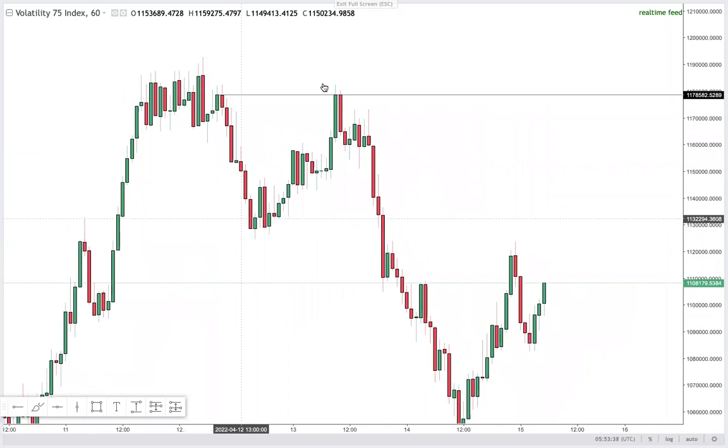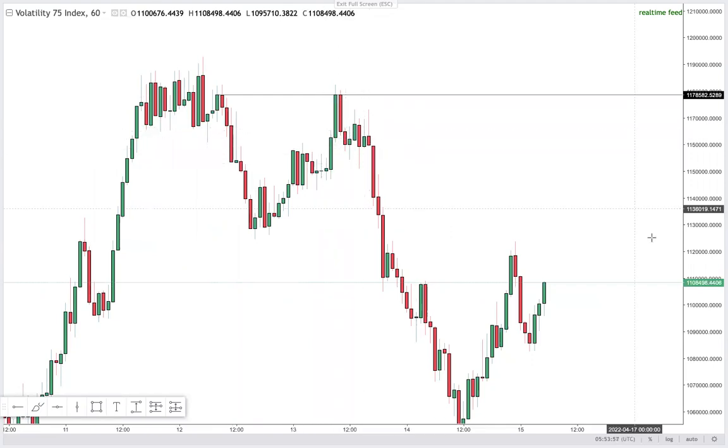Let's say price came to retest on this entry right here, and we missed this first move, and we just came across the charts when the price had already moved something like one candlestick from the 1 hour time frame.